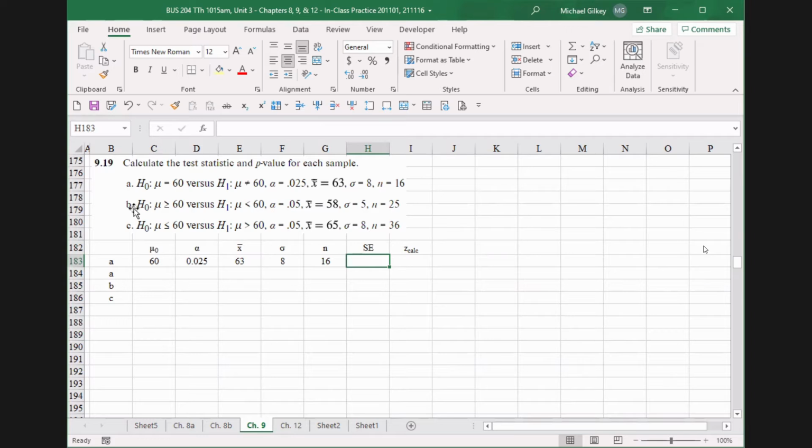And if you look at that without even doing any calculations in Excel, what's the standard error going to be? It's going to be 2. Hopefully everybody sees that, because you could do that in grade school. The square root of 16 is 4, and 8 divided by 4 is 2. That's grade school math, right?